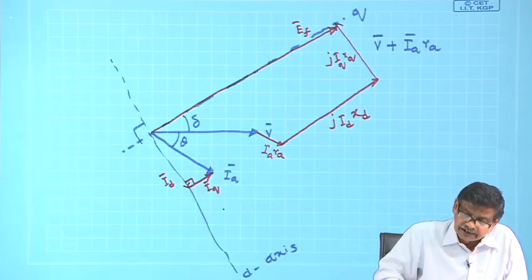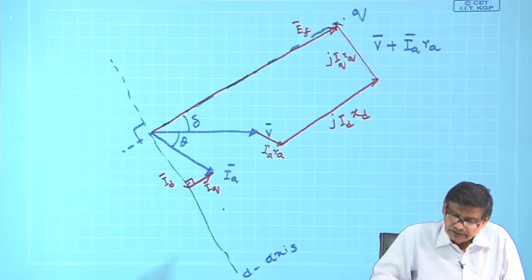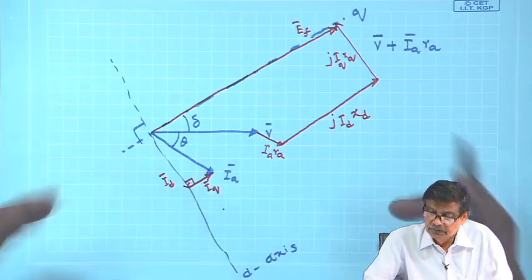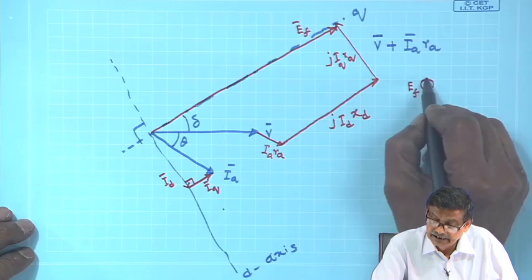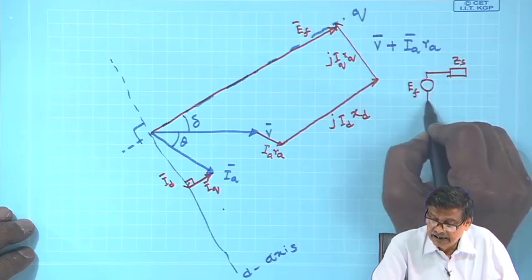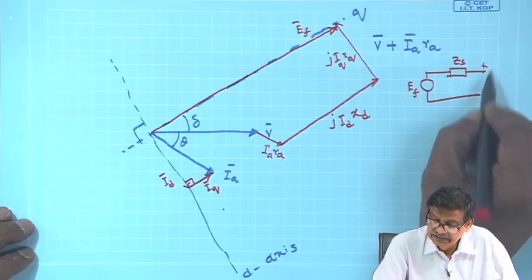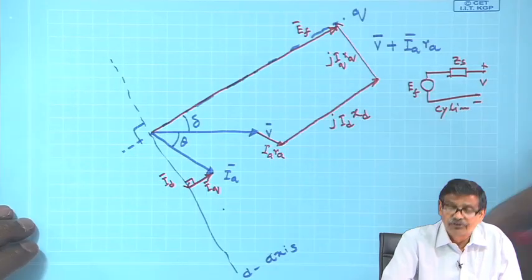But from this phasor diagram, one should not say that one can draw an equivalent circuit as we did in the case of the cylindrical synchronous machine, with E f, a single impedance Z S and V. That is not for a salient pole machine. This was the phasor diagram, so simple.